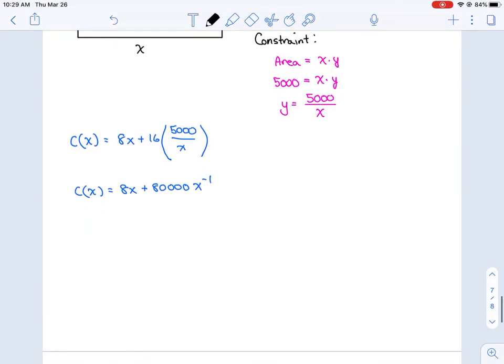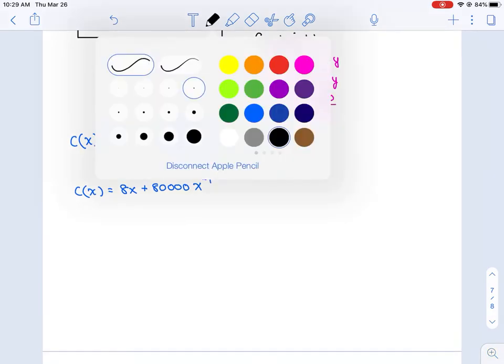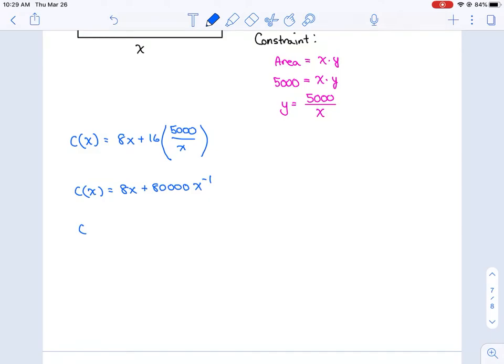So to find the value of x that minimizes the cost function, we're going to take the derivative. And the derivative of this function is 8 minus 80,000 x to the negative 2, and we're going to set that equal to 0.